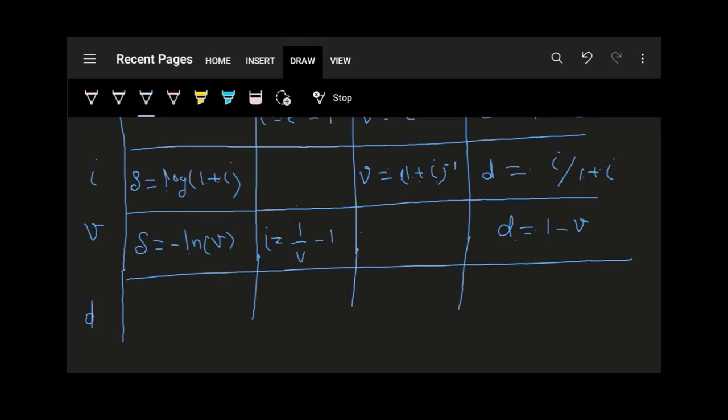Similarly, delta in terms of d is minus log of 1 minus d. i in terms of d is 1 upon 1 minus d minus 1. v is equal to 1 minus d, and d is nothing but d.